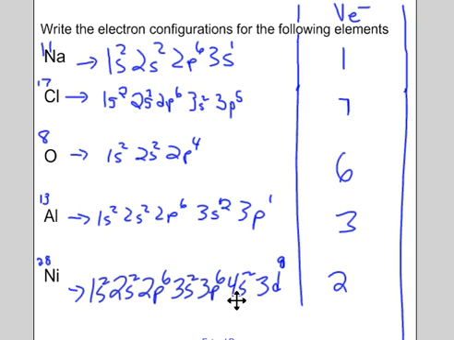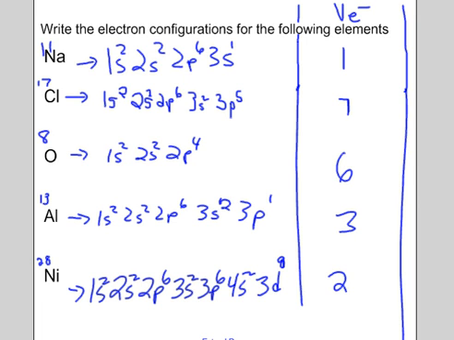So nickel, the highest energy level is the fourth energy level, and you can see it has 2 electrons in that 4s and therefore has 2 valence electrons. And traditionally, these 3d electrons are not classified as valence electrons.